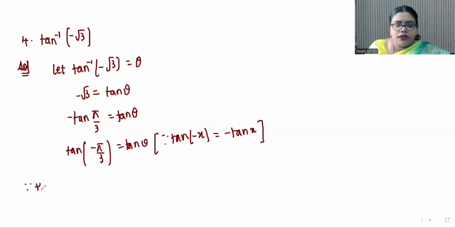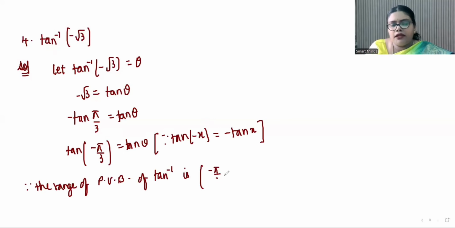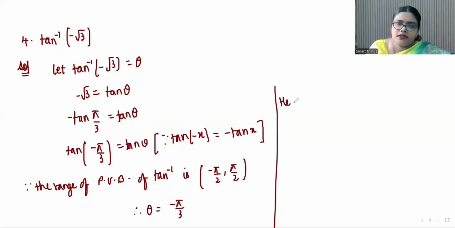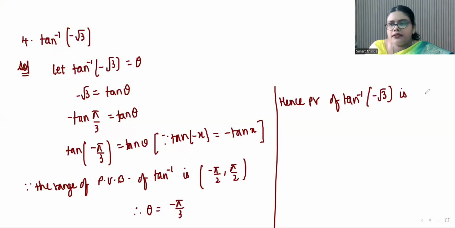Now, since the range of principal value branch of tan inverse is minus pi by 2 comma pi by 2, therefore, theta is equal to minus pi by 3. Hence, principal value of tan inverse of minus root 3 is minus pi by 3.